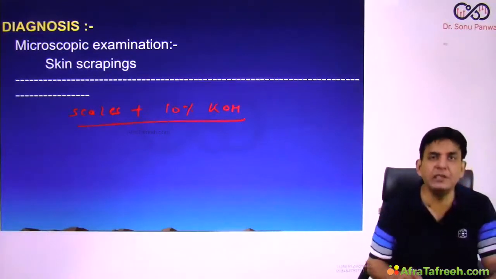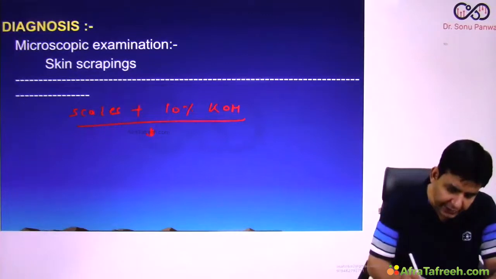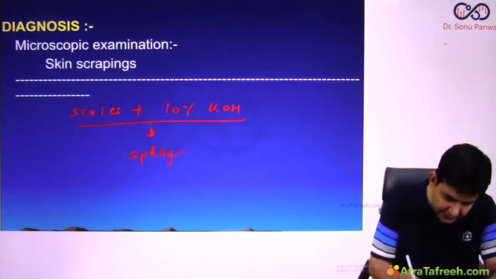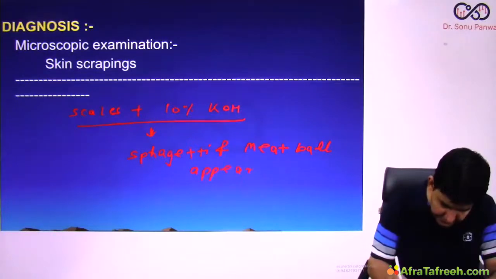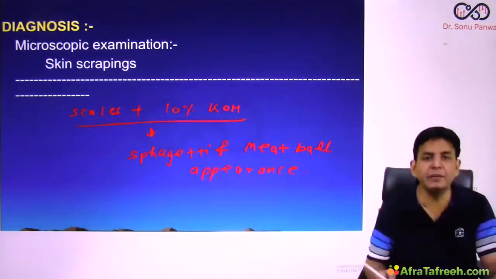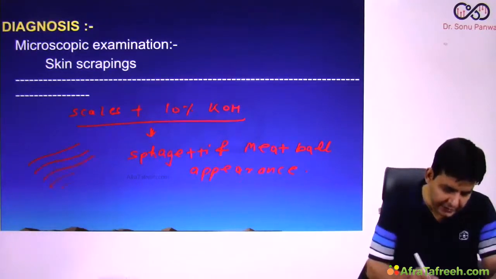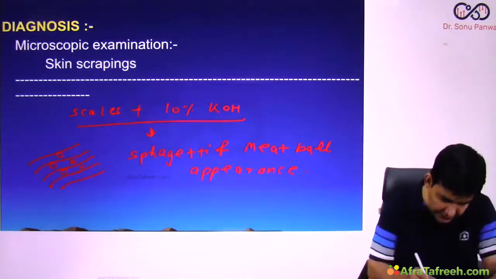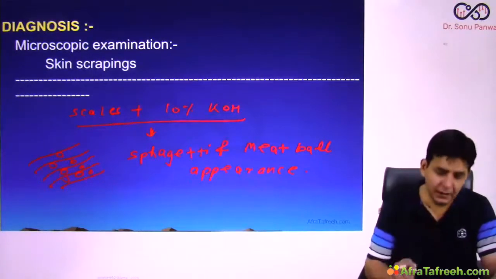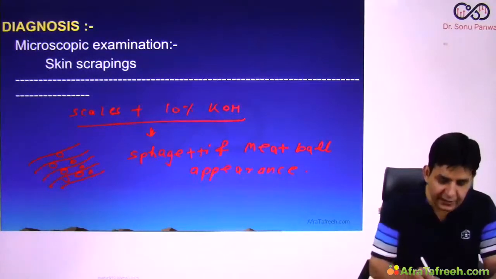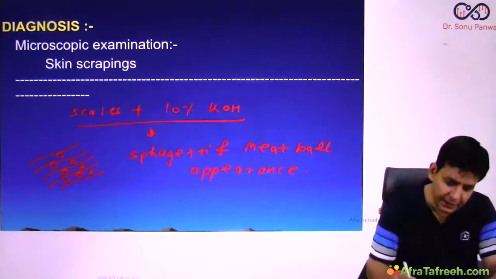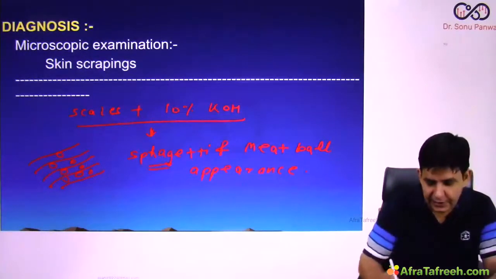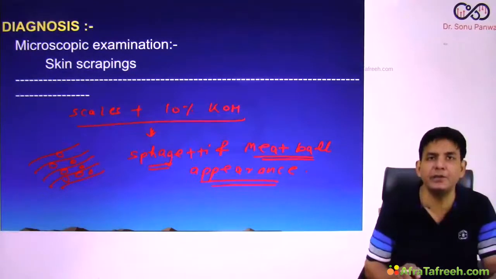When you put these scales into 10% KOH, you get a unique type of appearance that is termed the spaghetti and meatball appearance, which looks like noodles, and within them there are meatballs. You take those scrapings, mostly the scales, with the help of a scalpel and put them in 10% KOH, and you have this spaghetti and meatball appearance.